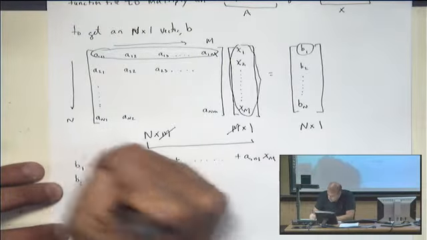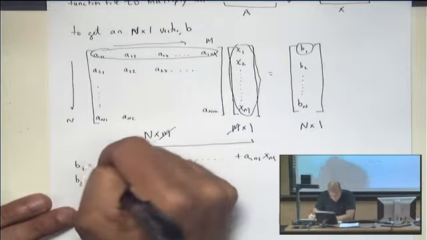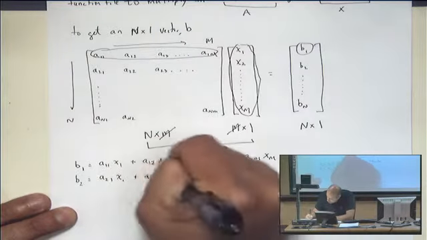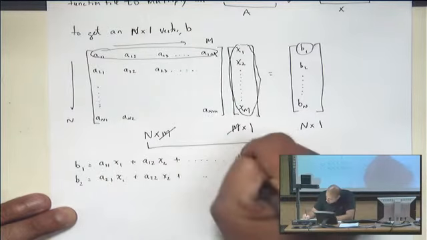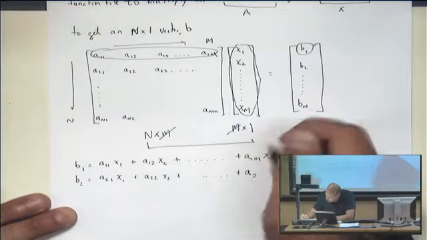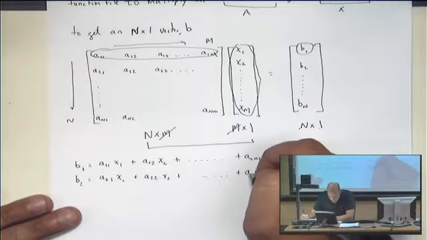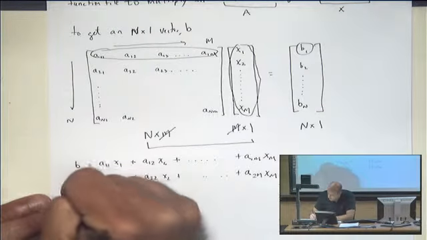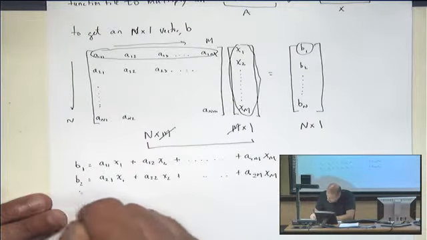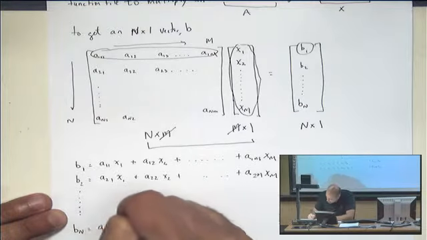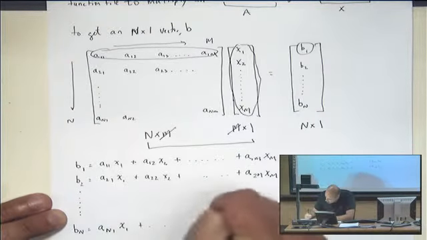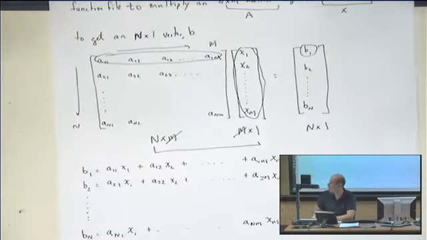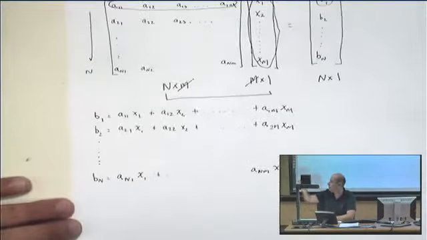B2 would be A21 x1, A22 x2, plus A2m xm. And we go all the way to Bn, which is An1 x1 all the way to Anm xm. That is how we would do this by hand, right?